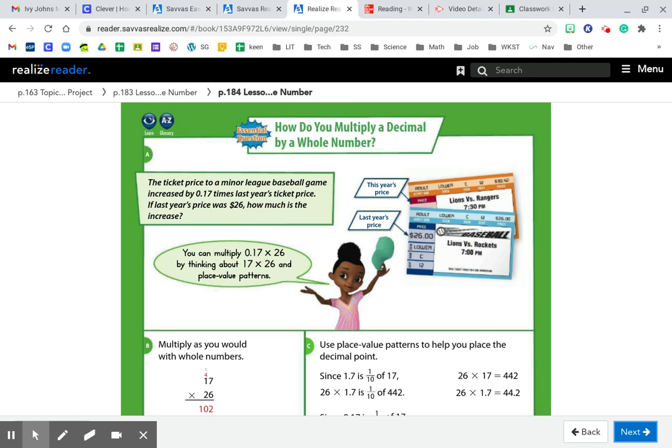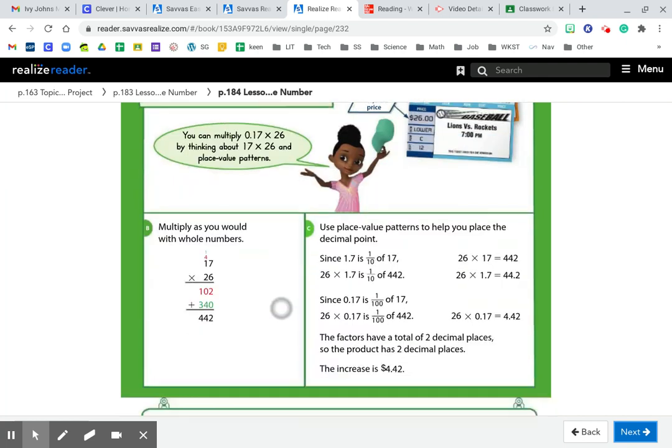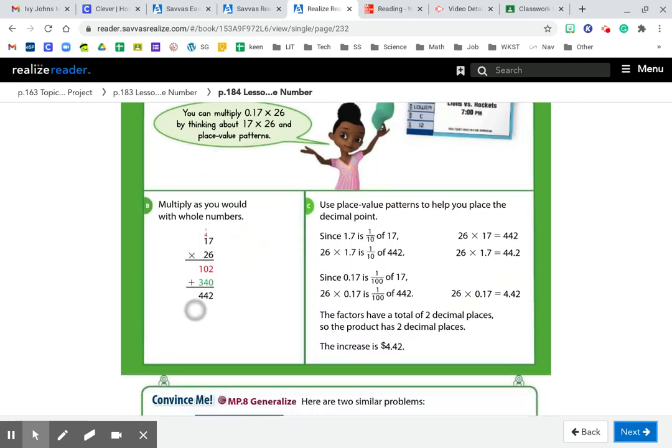So we're going to multiply last year's price, $26, by 0.17. If you're actually doing the algorithm, you just treat it as if it was 17 times 26. You find your answer, and then you use place value patterns to help place the decimal point.